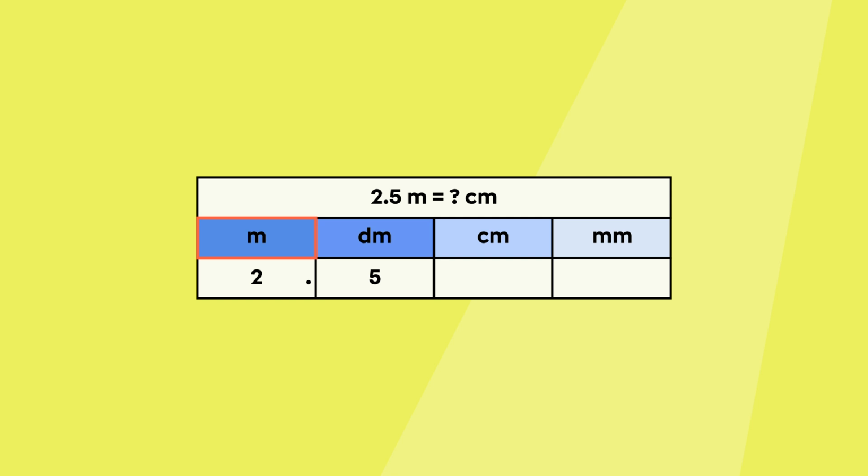I then find the column of the new unit of measure, which is centimeters. I move the decimal point to the right side of this new unit of measure's column. Since the column is empty, I add a 0 to the left of the newly placed decimal point. Since the decimal point is at the very end of this new measure, I can actually remove it. That's it. So now I know that 2.5 meters equals 250 centimeters.